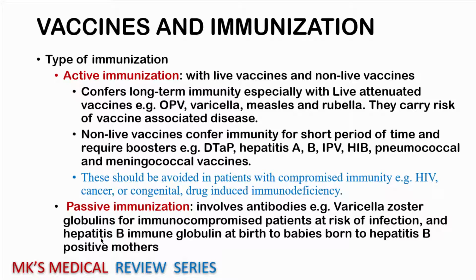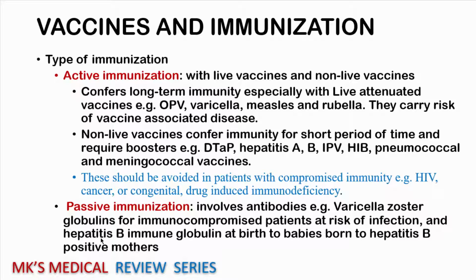Then the non-live vaccines usually confer a short-term memory, so they often require booster doses, including diphtheria, tetanus, pertussis, hepatitis A and B, injected polio vaccine, Haemophilus influenzae type B, pneumococcal vaccines, as well as meningococcal vaccines.